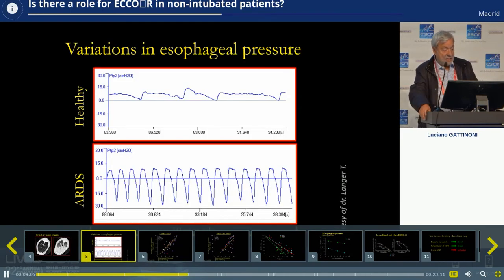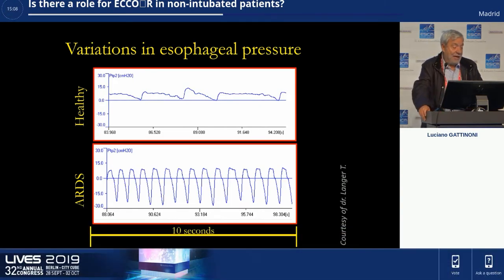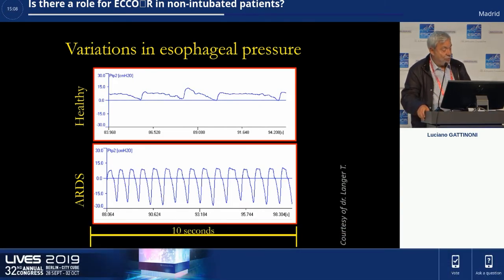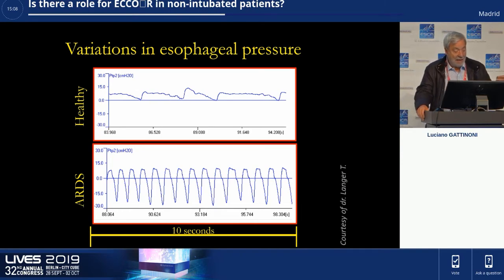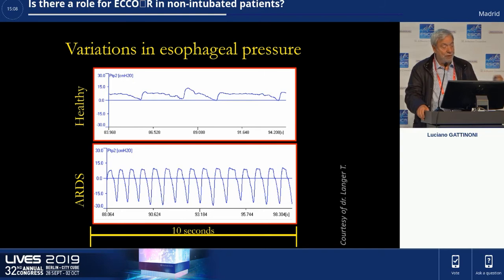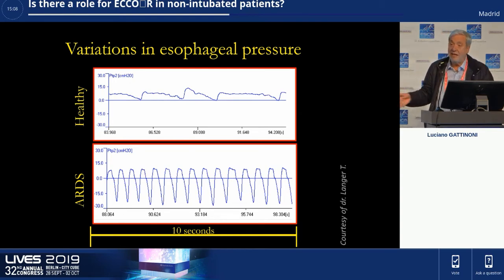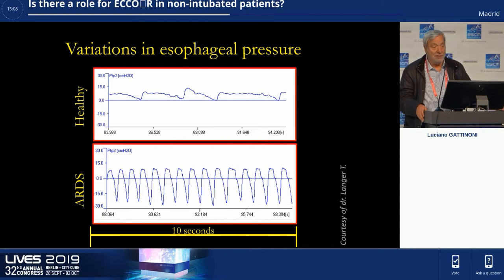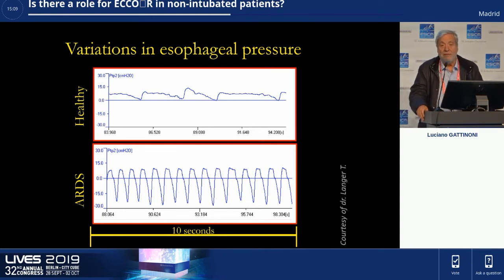And this is quite clear. You can see the transpulmonary pressure, the changes in esophageal pressure during spontaneous breathing in healthy animals, which behave as the sheep in Washington 20 years before.